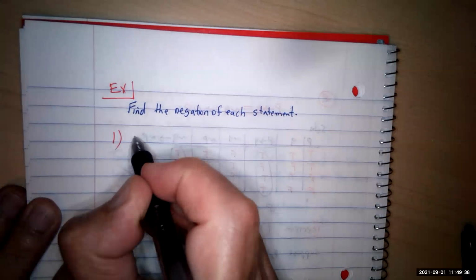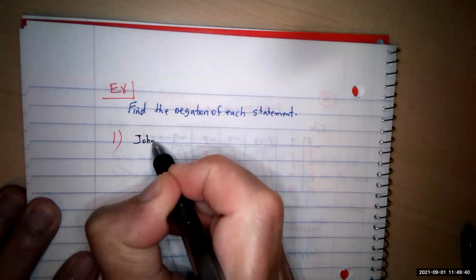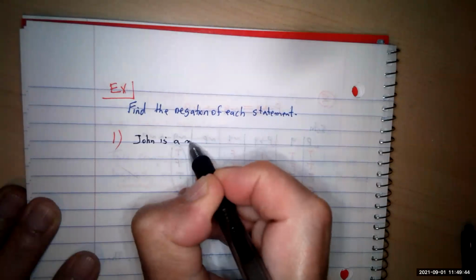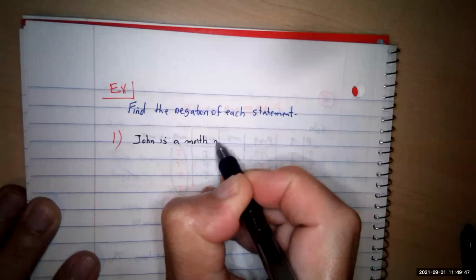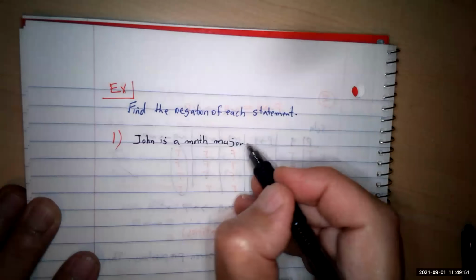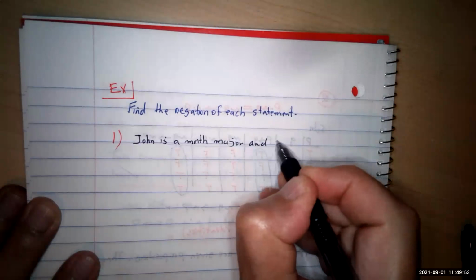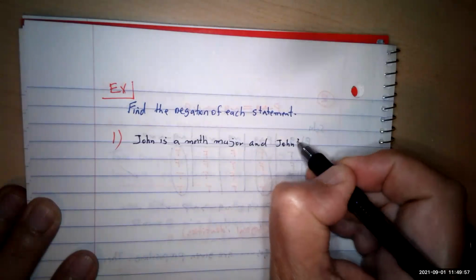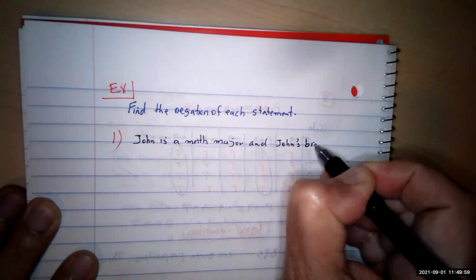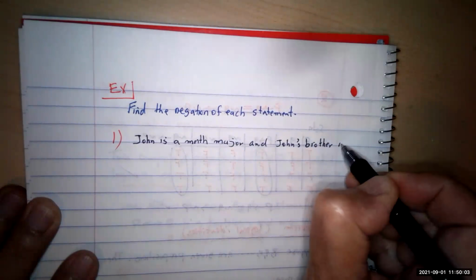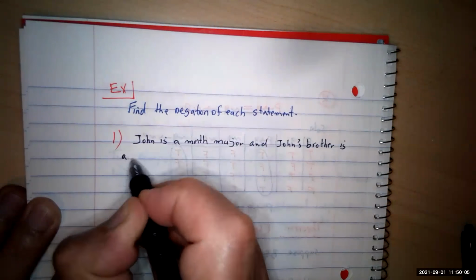The first one is this one: John is a math major, and John's brother is a computer science major.